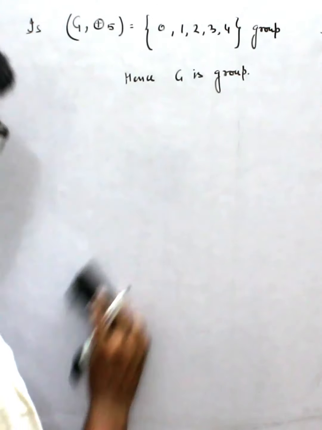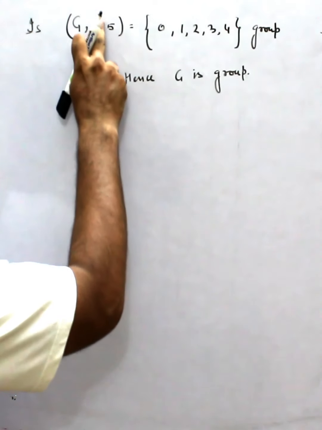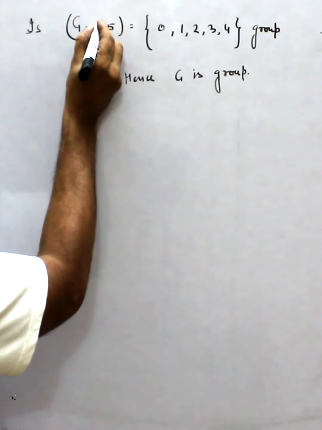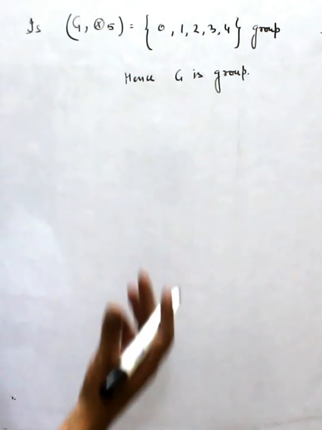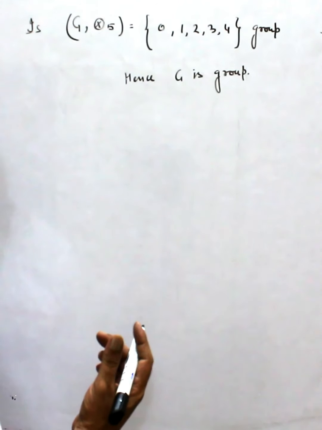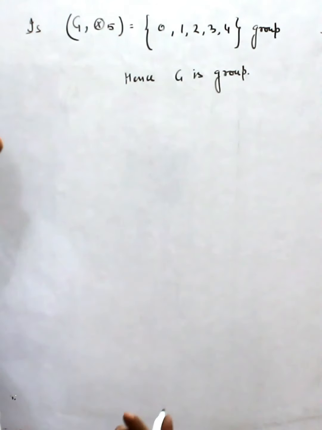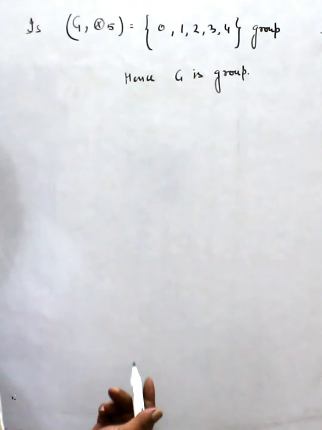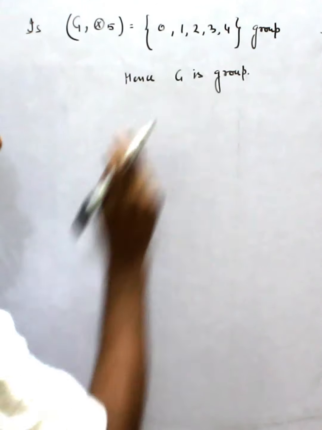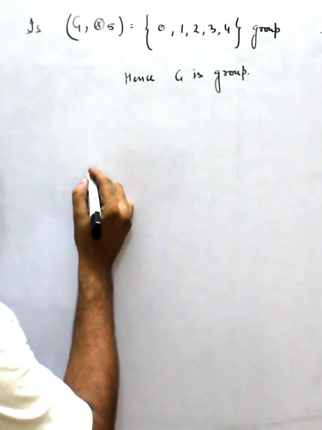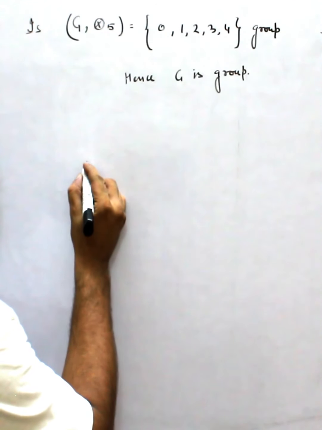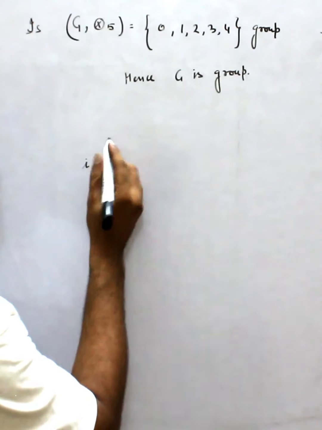Again, see one more thing. What happens if I change the operation? If I change the operation to multiplication, what happens? Simply, in the case of inverse or in the Cayley table, you can see all elements will come 0. That means the identity, the question of identity is 1.